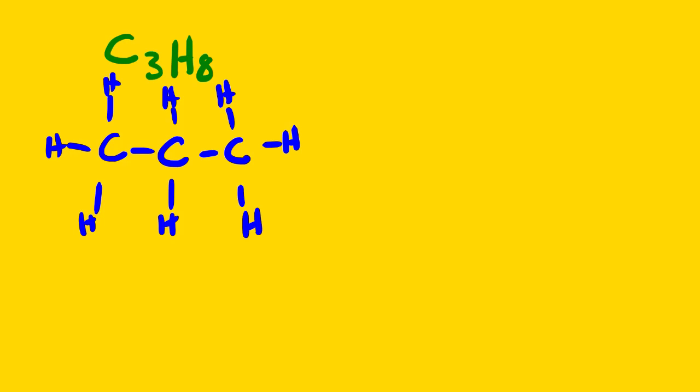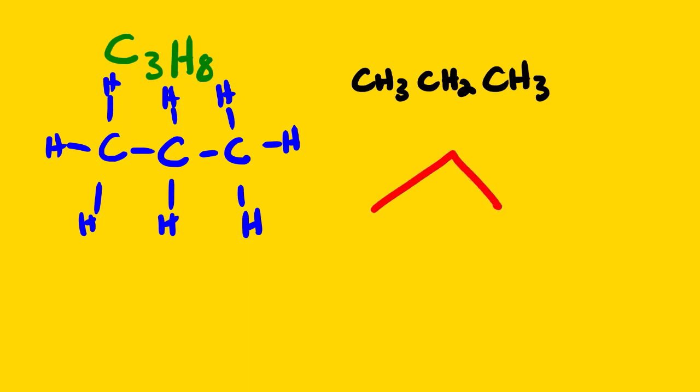And then looking at the condensed structure, we have CH3, CH2, CH3. Looking at the skeletal structure, we're going to have something like this. Remember, here we have our carbons. If this is carbon number 1, 2, 3, then we'd have 1, 2, 3.